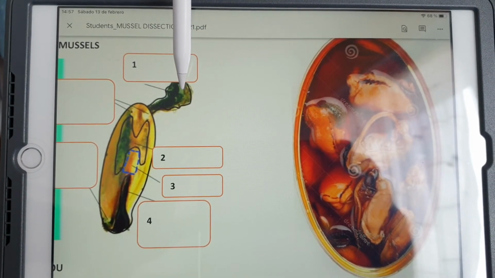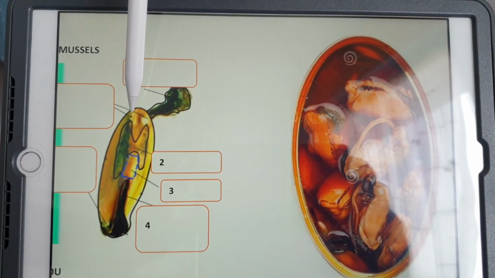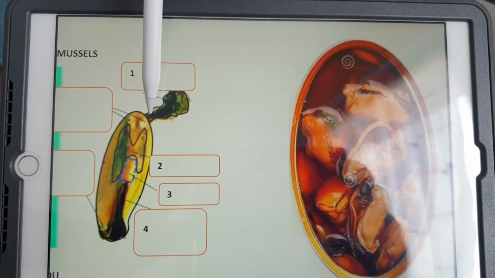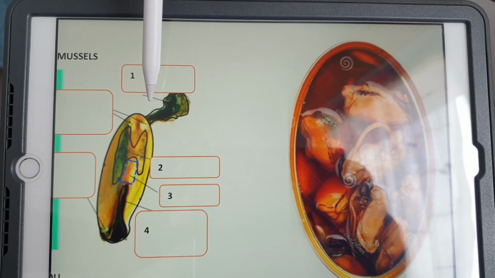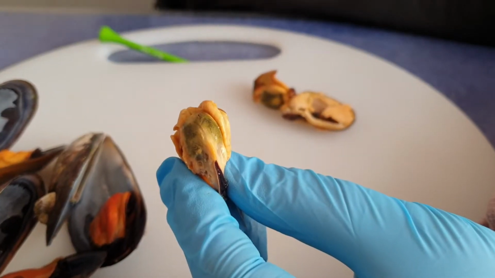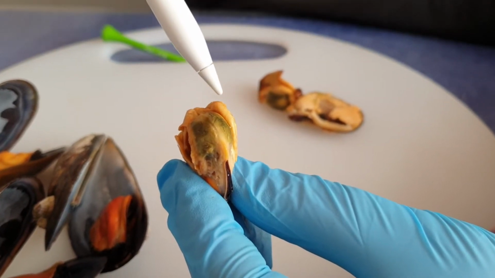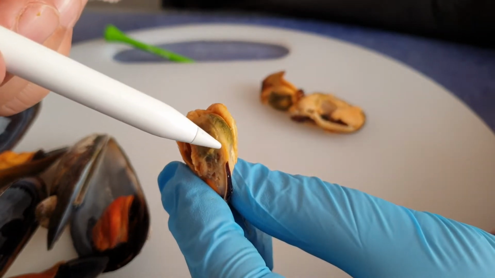These are the threads, basal threads to attach to the rock. This part corresponds to the foot, but at the back, at the dorsal area, and that's it. In a real thin mussel, hepatopancreas is very clear. It's greenish. And this part, the heart.